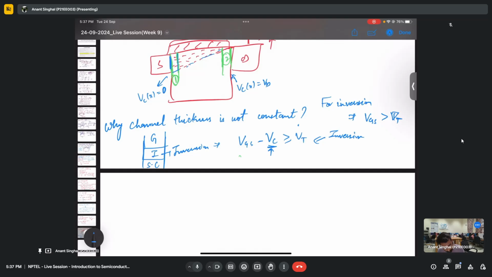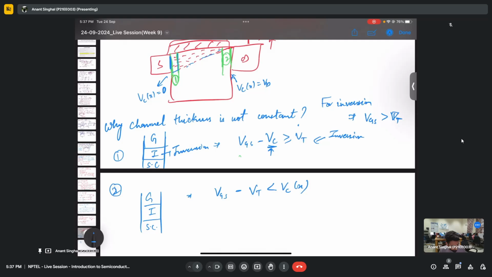But if I do the same for the second case, what is happening? Again we have the gate, the inversion layer, and the semiconductor. Here VGS minus VT is less than the channel potential VCX. Why? Because we have a very high drain voltage here.